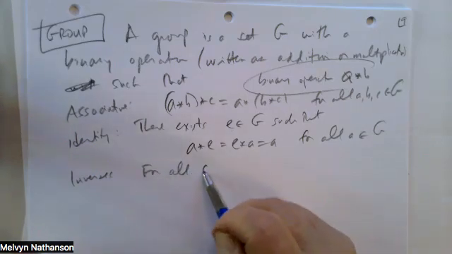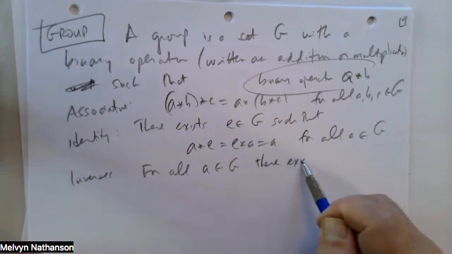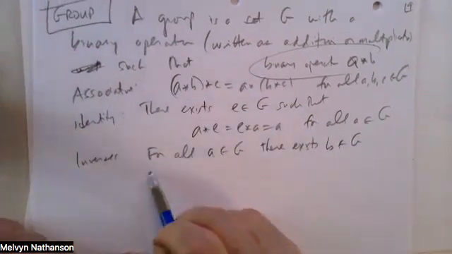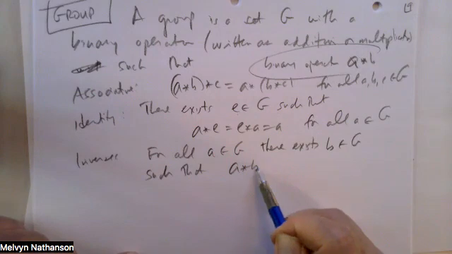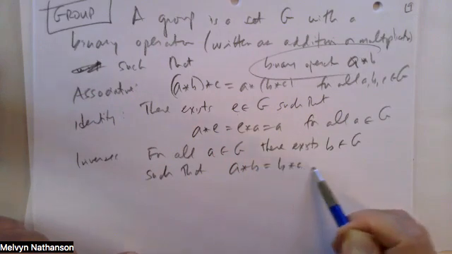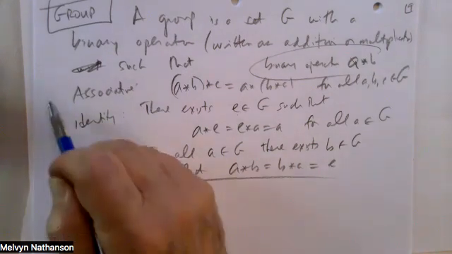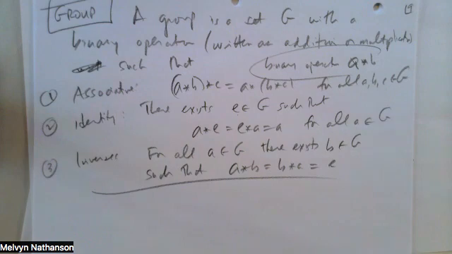For every A in the group, there exists an element B in the group such that A times B and B times A give you the identity. So there are only these three simple properties that define a group.